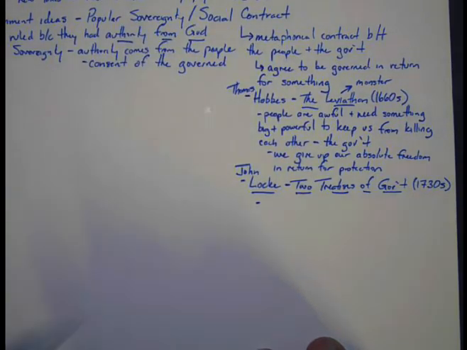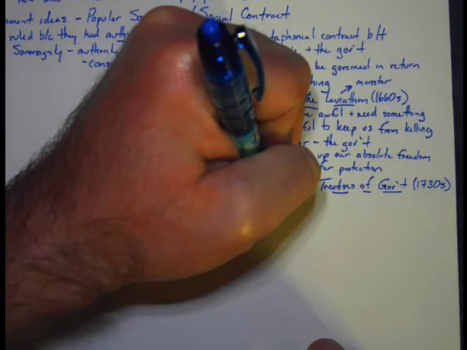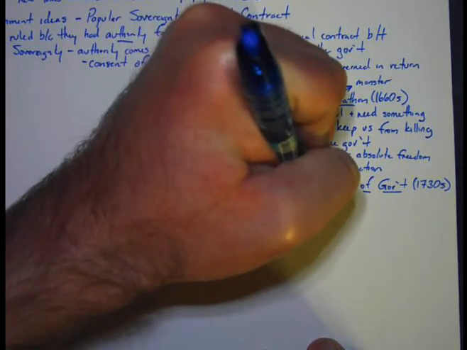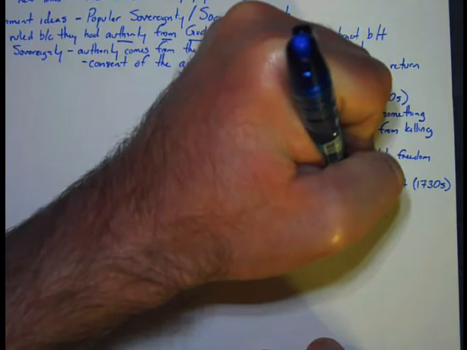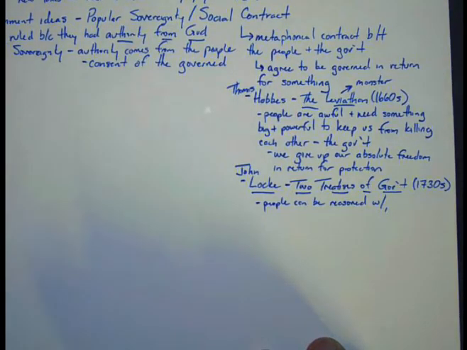For Locke, he takes Hobbes's ideas and makes it a little bit more nuanced. So he still thinks people are bad, but we can be reasoned with. People can be reasoned with. And people like a good deal. They like a good contract. And so here's the deal that John Locke writes about in Two Treatises of Government.